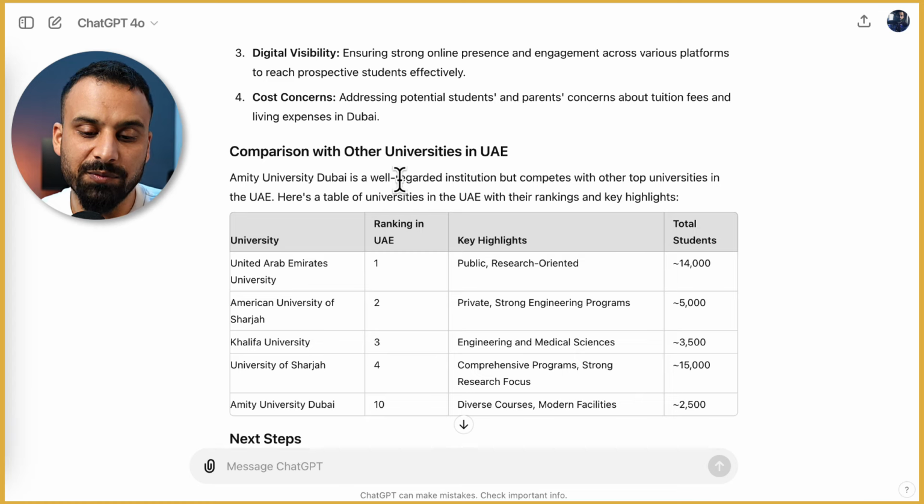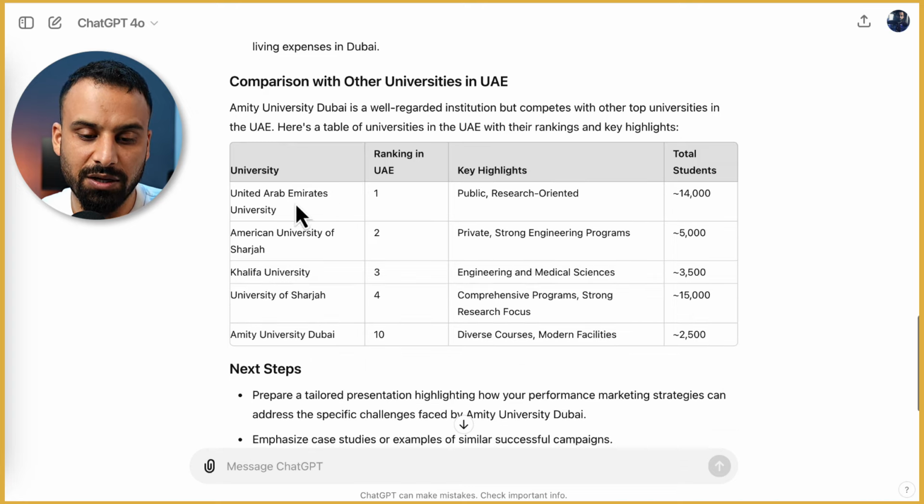MET University Dubai is a well-regarded institution but competes with the top universities in the UAE: United Arab Emirates University, American University of Sharjah, Khalifa University, and University of Sharjah. American University of Sharjah and University of Sharjah are two different ones. MET University Dubai's ranking is 10th. These are the top 4. Key highlights: public, research-oriented; private, strong engineering programs; engineering and medical; diverse courses, modern facilities.